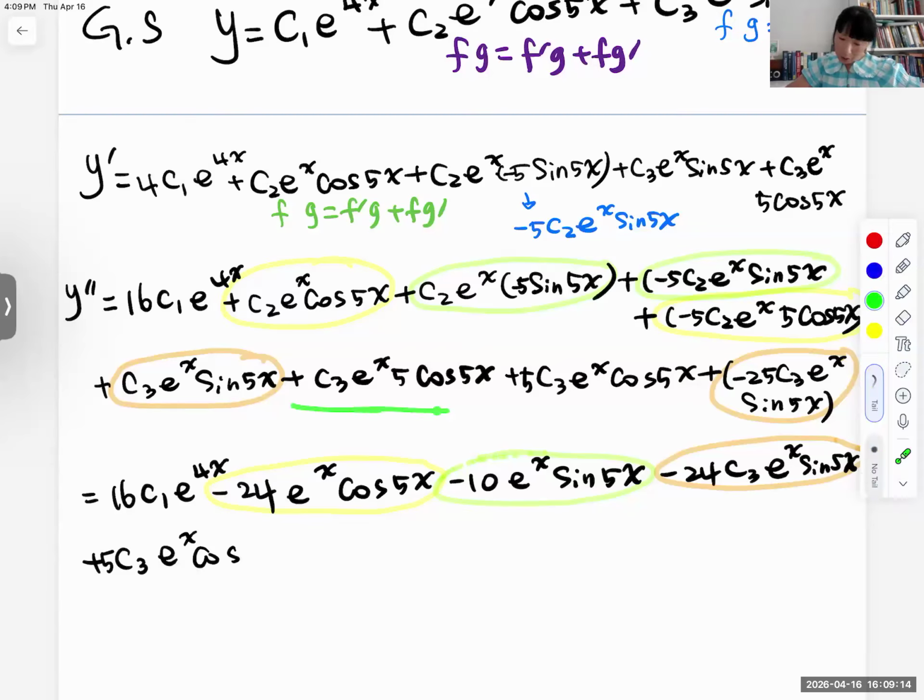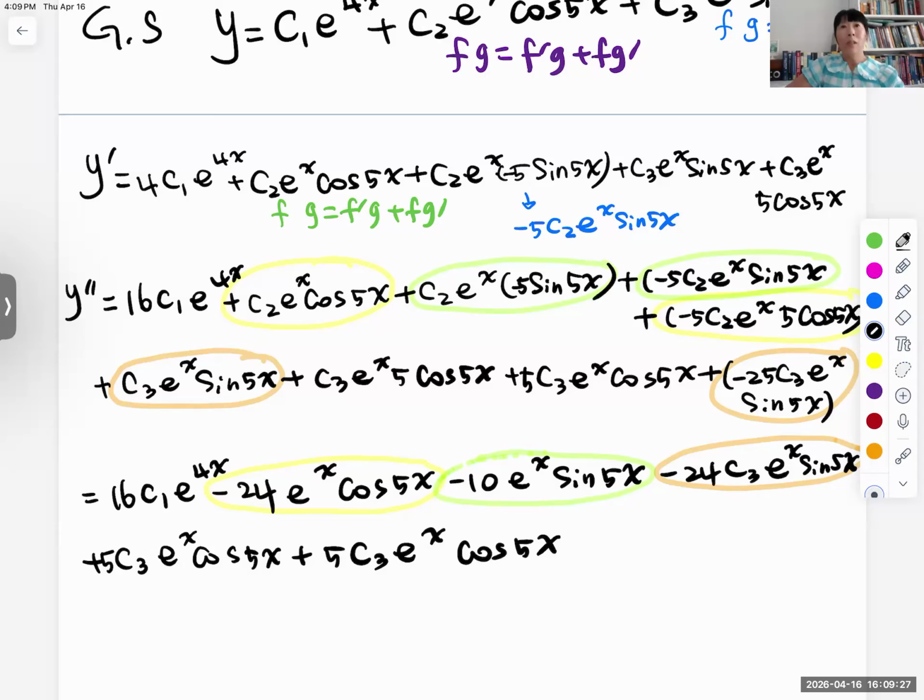So I am rewriting this one. Plus 5 c sub 3 e to the x cosine 5x. Okay, so, oh no, it's the same, isn't it?